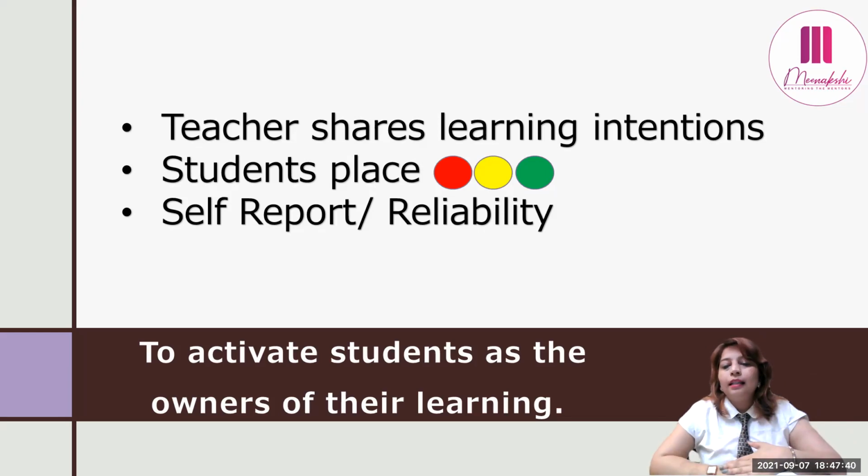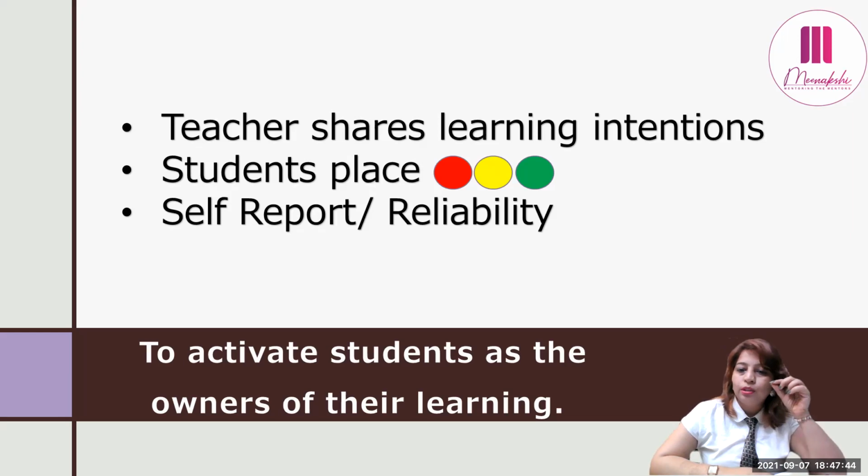The topics that are very clear to them and they're ready to go ahead, they'll put a green symbol over there. The topics that they are not very clear about, where they want some more clarity, they will put a yellow dot. And the topics that they want the teacher to make clear, they will mark with a red dot.